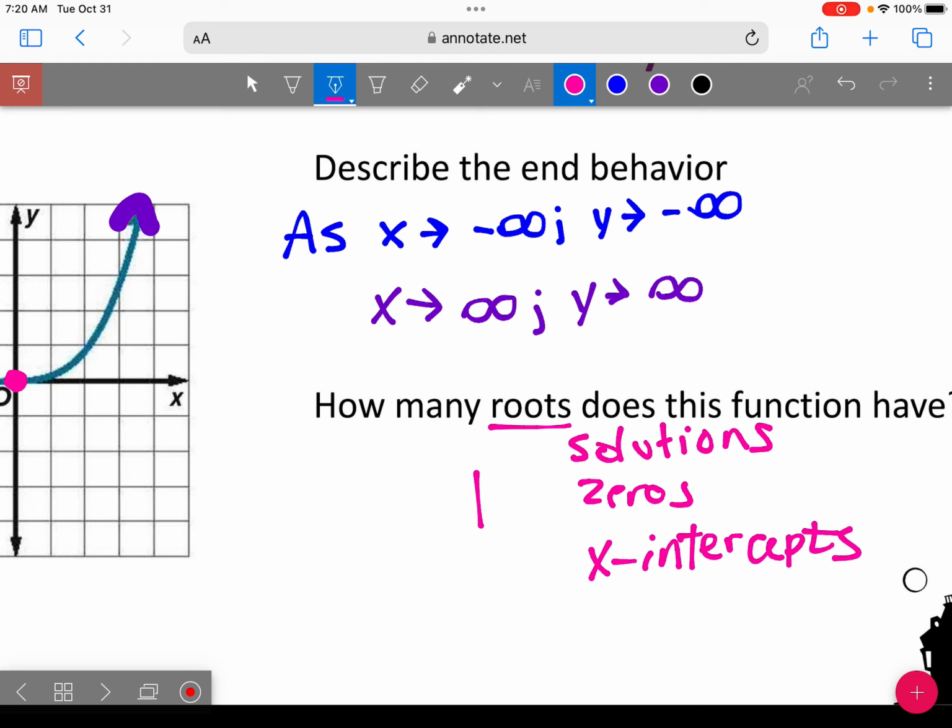So this has one solution where x is 0. Okay?